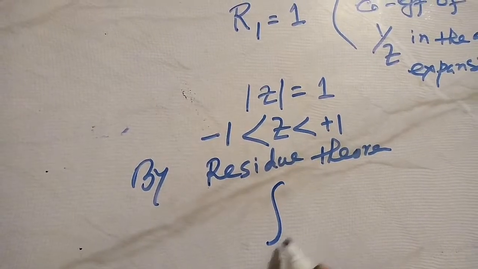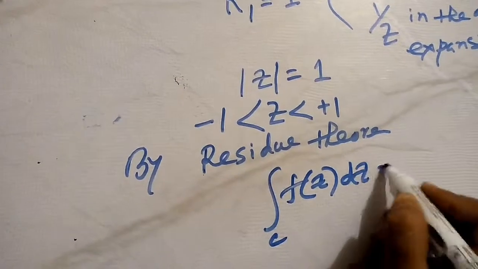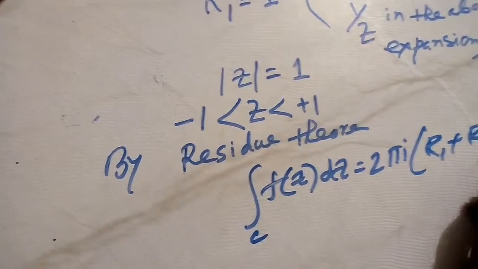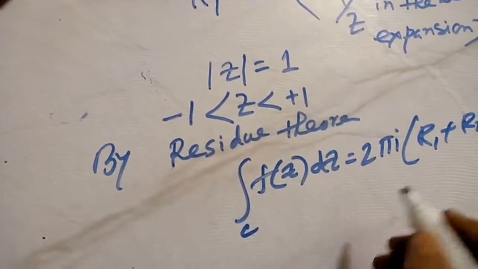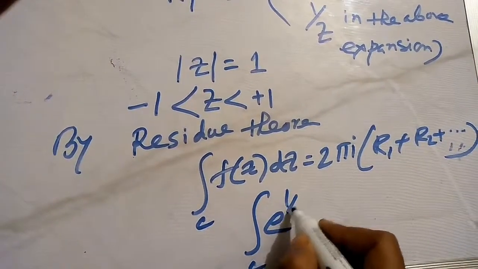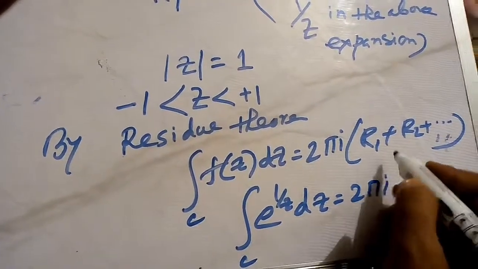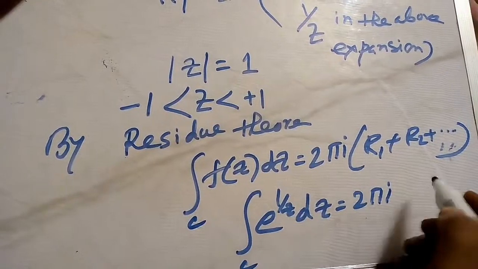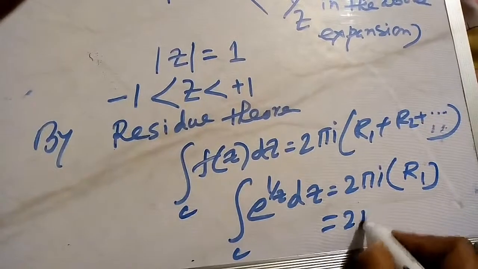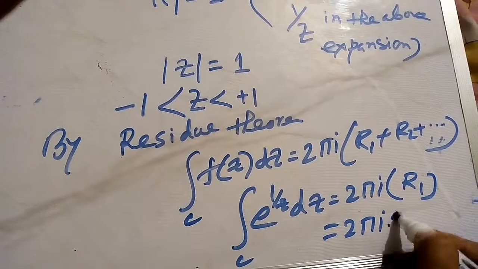In the formula of the residue theorem, the integral over C of f of z dz equals 2 pi i times r1 plus r2 plus dot dot dot. Clear? So here the integral of e to the power 1 by z dz equals 2 pi i. Here there is just one residue, r1. So the answer is 2 pi i, and the value of the residue is 1.